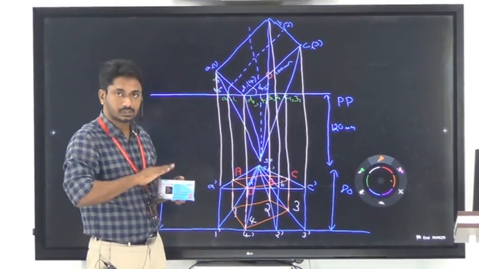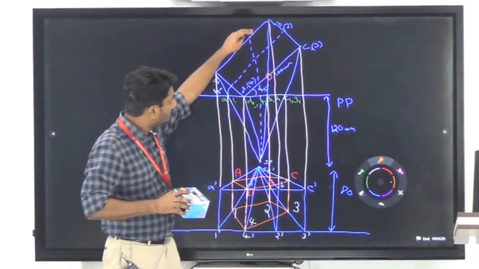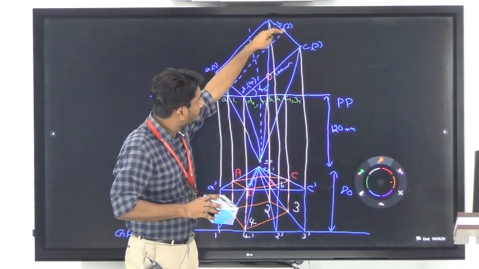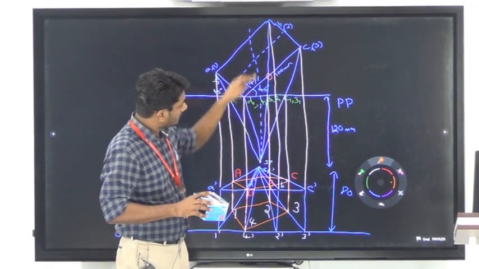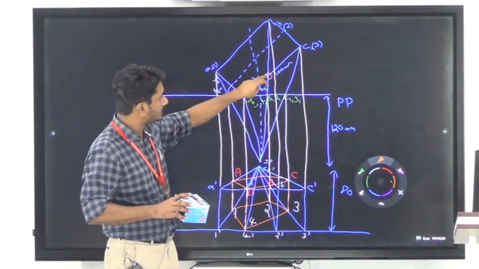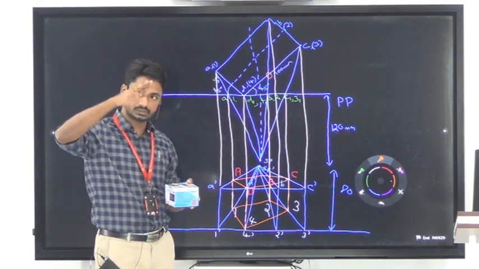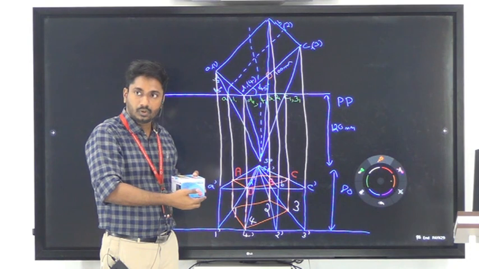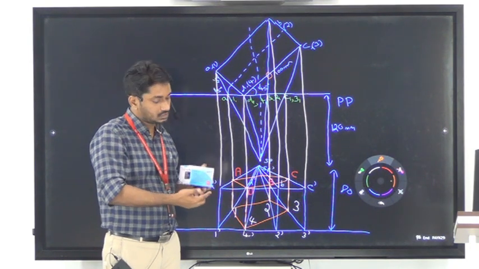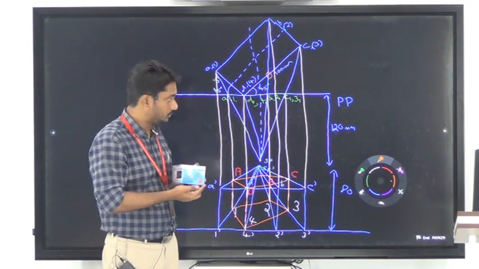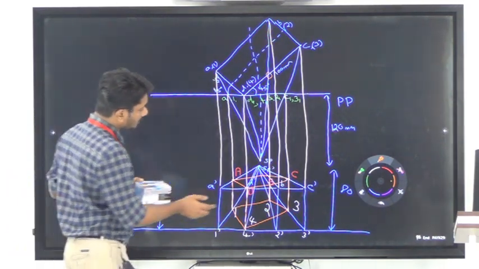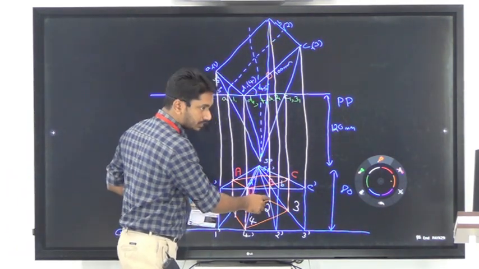So by combining these 2 conditions, we have already found that the line joining 2 and SP touches the object at this point, and it is also given that we are looking at the object from the top side and 2 is a point on the bottom face. So that point will be invisible. So here the point 2 will be invisible.